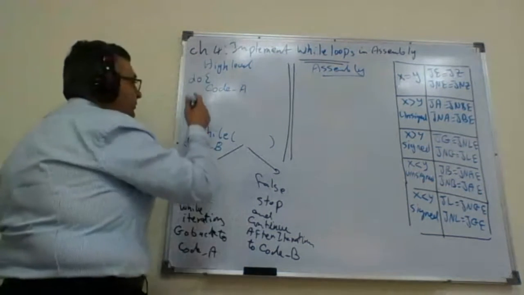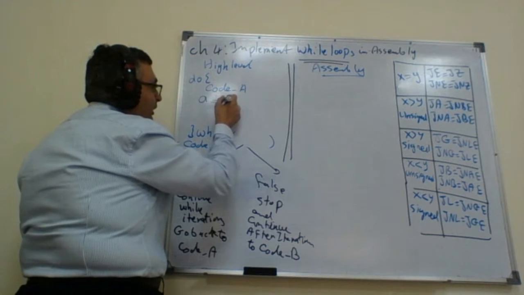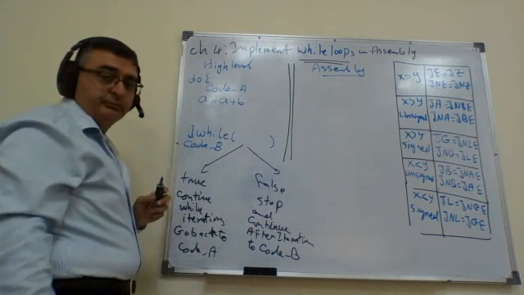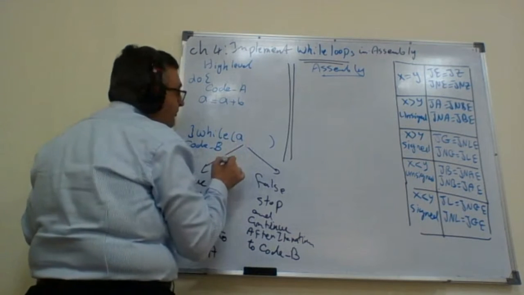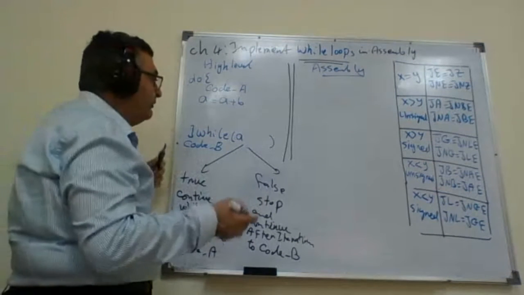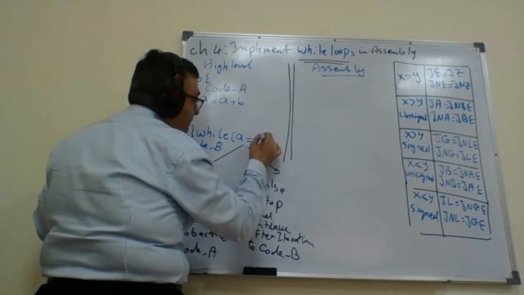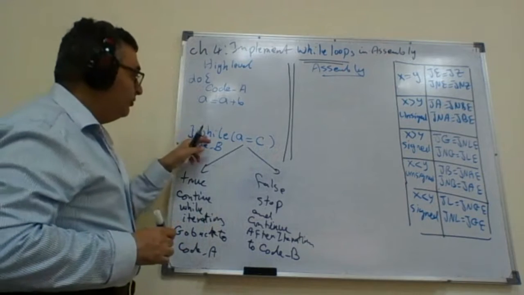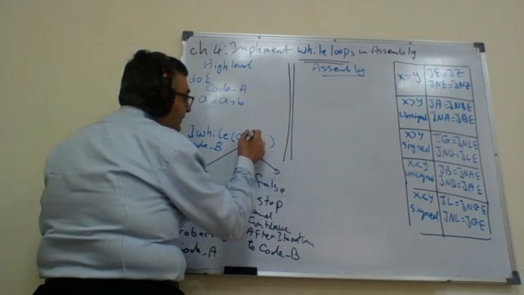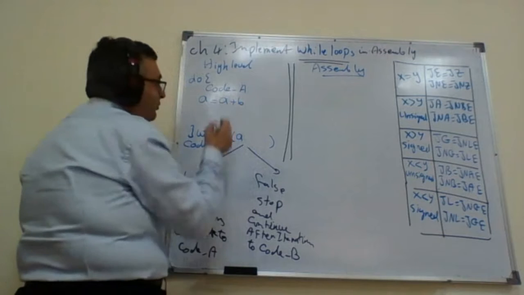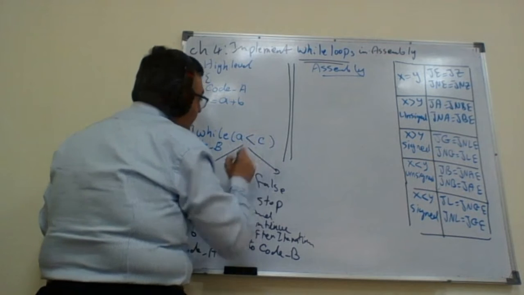Assuming that I have a parameter called A, and A equals A plus B, and I have here the condition: while A is smaller than some value C. Since we are doing accumulation of addition here, let's say A is less than some value C.